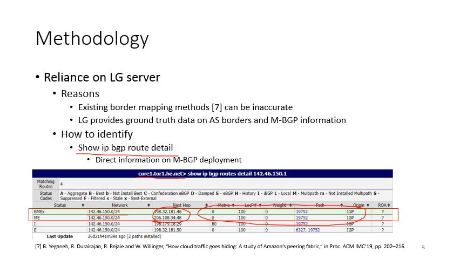Both paths are labeled as M and E, which means they are multipath and they are learned via external BGP. This information fulfills the condition of MBGP deployment. So we can say that Hurricane Electric has deployed MBGP at this border router with this peering AS.